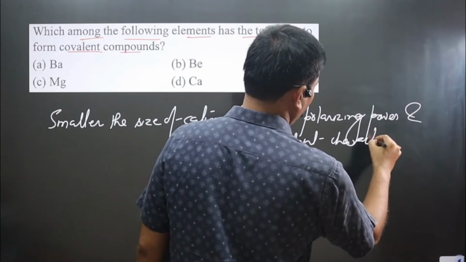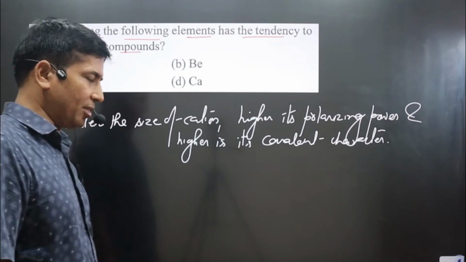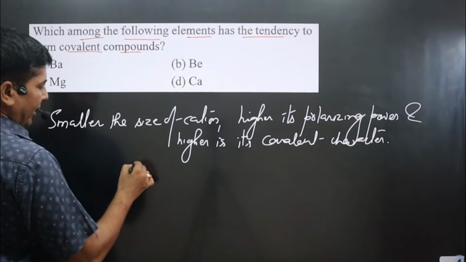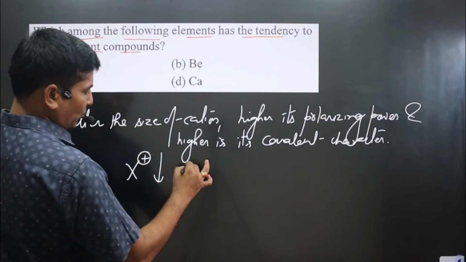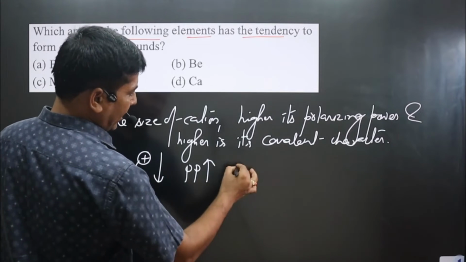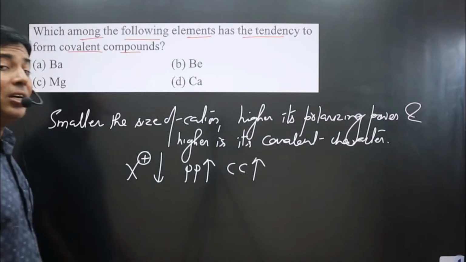Remember, higher is its covalent character. Very interesting. Let's say we have a cation having positive charge. As its size decreases, its polarizing power increases, and then its covalent character also increases.